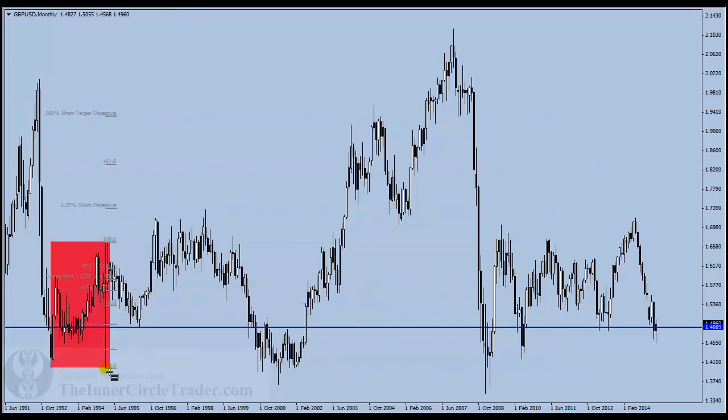Let's just bring it over here so it's a little bit easier to see. 50% is right in here, so this is what would be deemed fair value or equilibrium between the high and the low. So the low here and the high. So equilibrium is right in here.